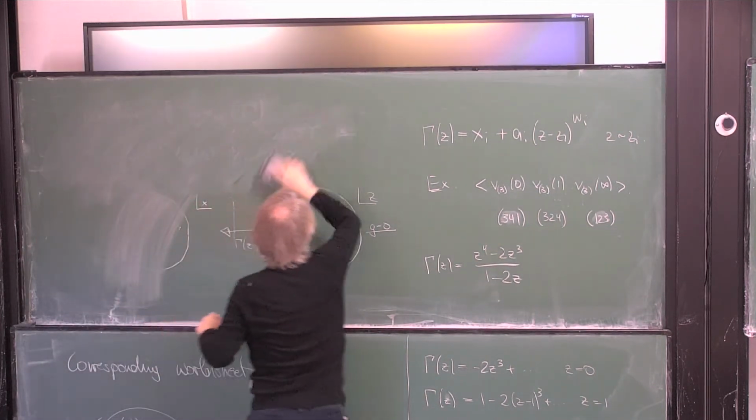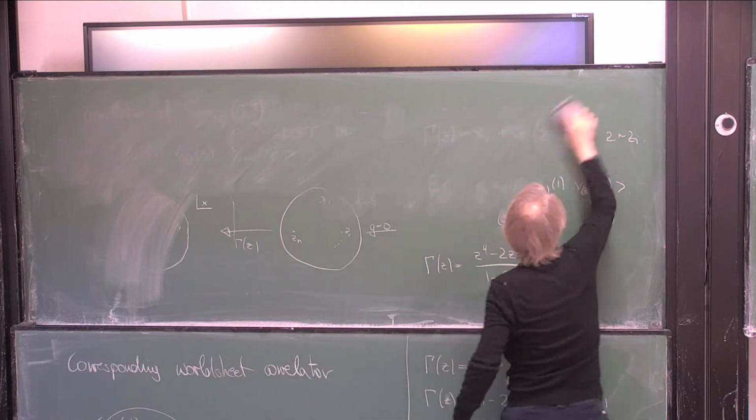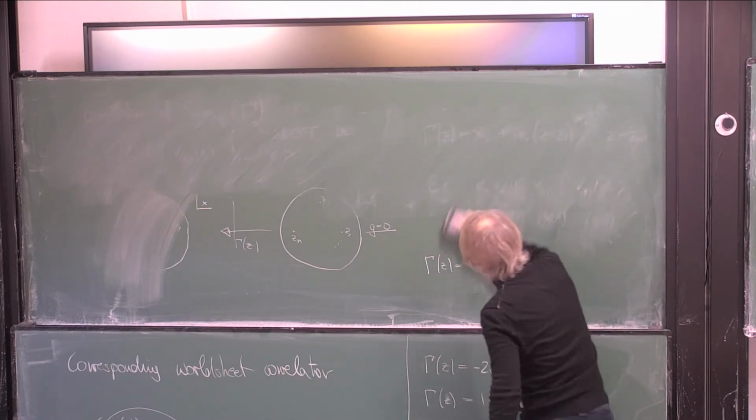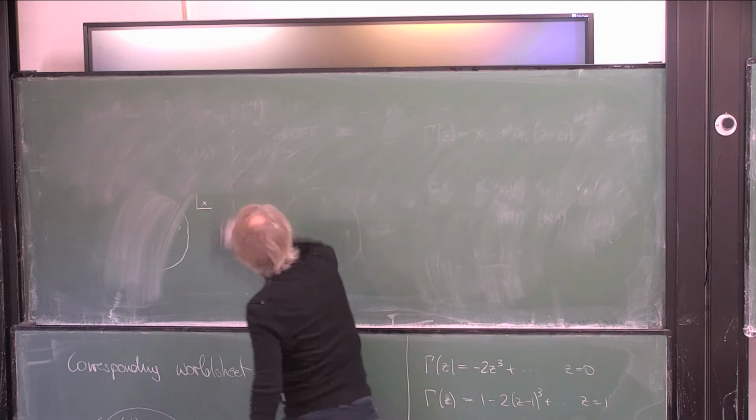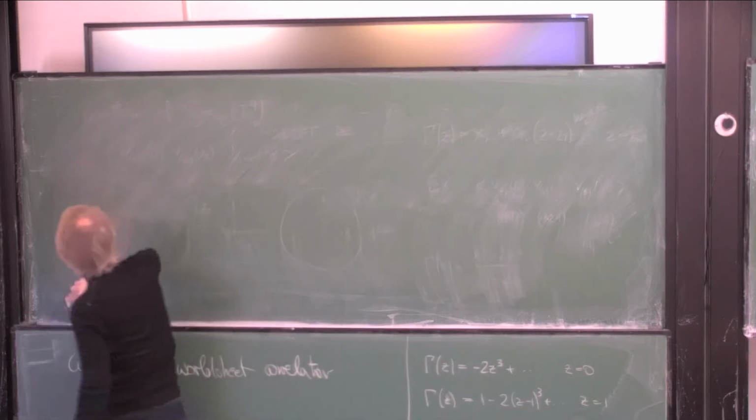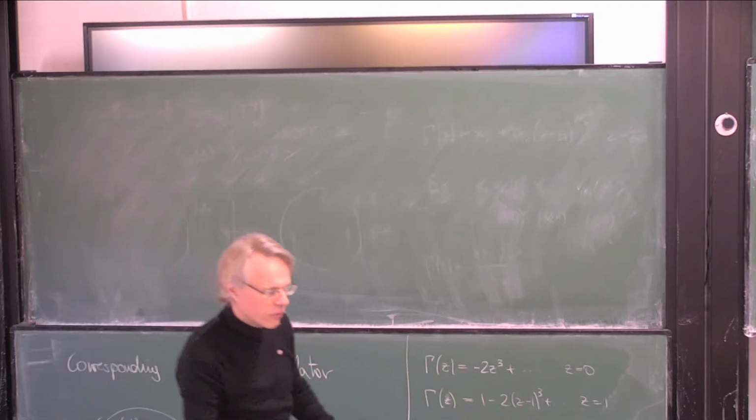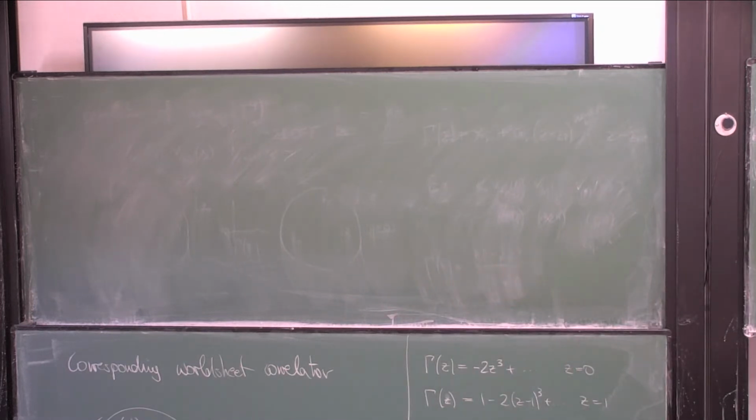So remember how our symplectic bosons transform under spectral flow. The symplectic bosons transform under spectral flow in that their mode number is shifted up and down by w.